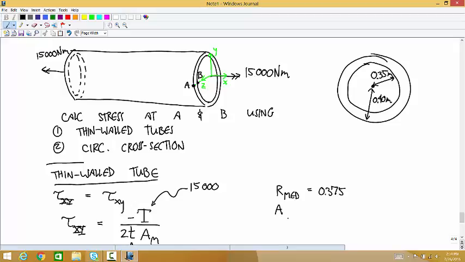So the area inside the median is pi times 0.375 squared, and you get 0.442 meters squared.